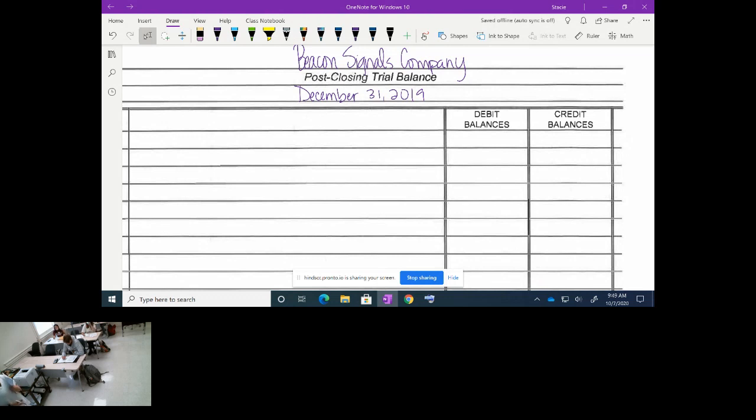Anything after capital on your trial balance is closed. It's zeroed out. You won't have a balance at all. So I don't know if we even have time to do it, but just make note that it's just cash through capital. No revenues, no expenses, no drawing. We zeroed those out. Post-closing means after closing. Closing zeroes all that stuff out. So all you'll have on there is balance sheet stuff: assets, liabilities, and the capital account. So on your printout here, worksheet, lines 8 through 20 will be the only ones on there. Does that make sense?